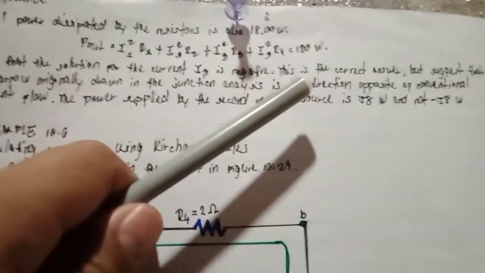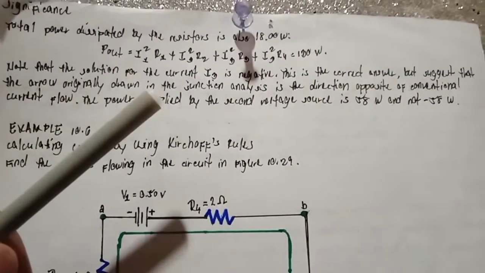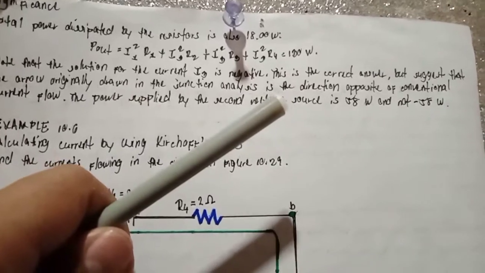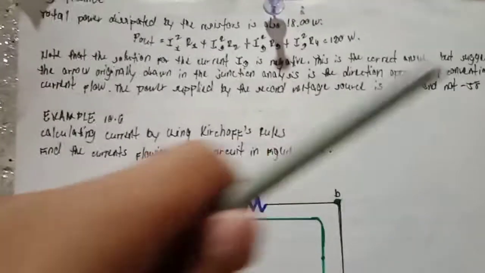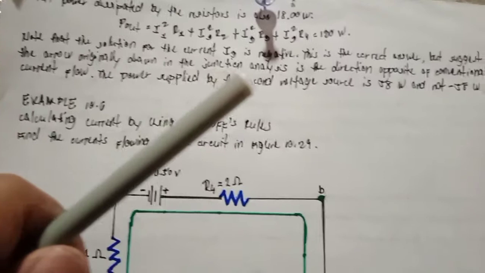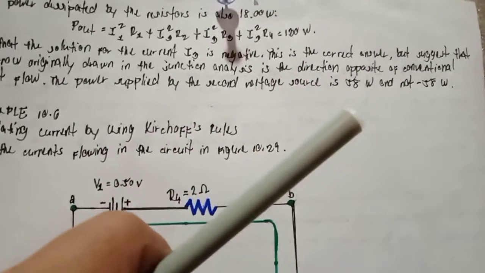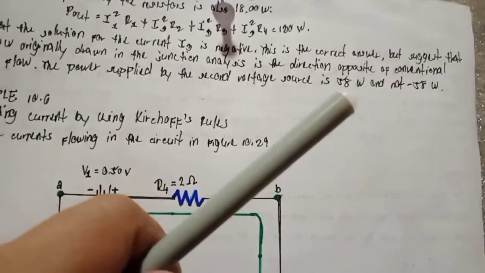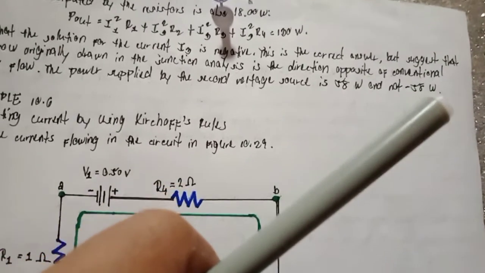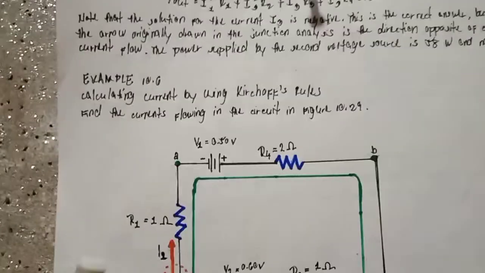This is the correct answer, but suggests that the arrow originally drawn in the junction analysis is in the direction opposite of conventional current flow. The power supplied by the second voltage source is 58 watts and not negative 58 watts. So let's proceed.